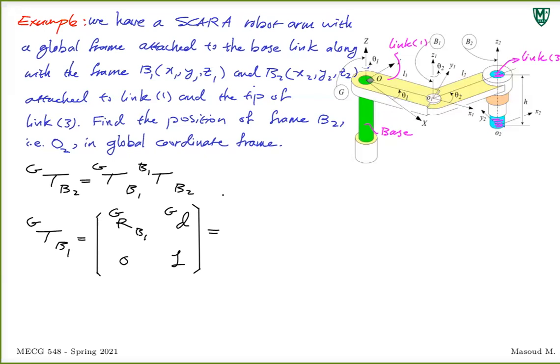We want to find our B1G. I want to write these components and expand this into a 4x4. This is a 4x4 matrix. This is a 3x3, this is a 3 by 1, this is just a 1, and then 1 by 3.